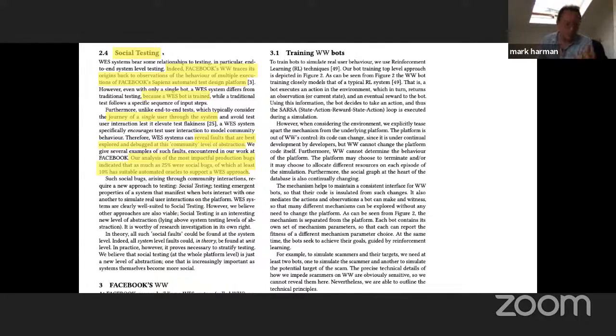And these kinds of emergent properties can only really be explored using a social testing approach.